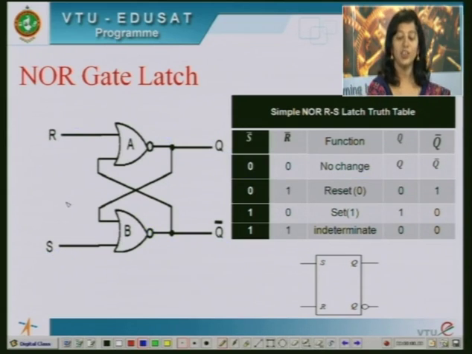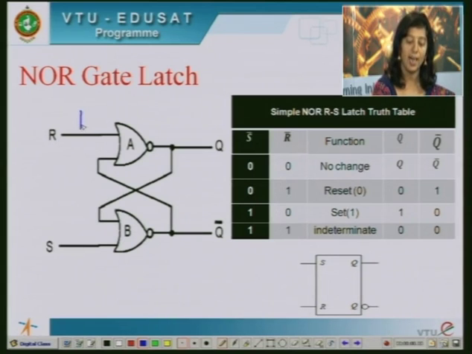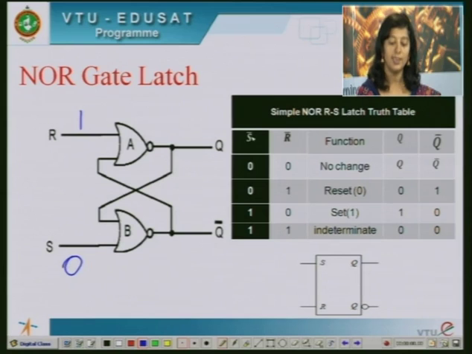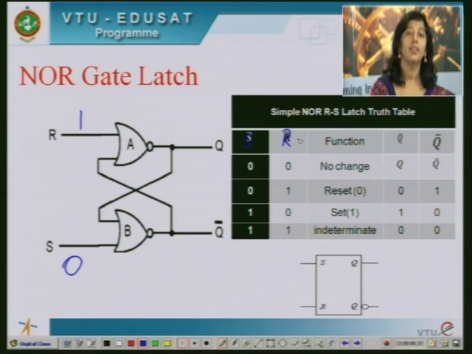The second condition is when R is 1 and S is 0. So this is just S and R, that bar should not be there, a small correction. So here R is 1 and S is 0. What happens?